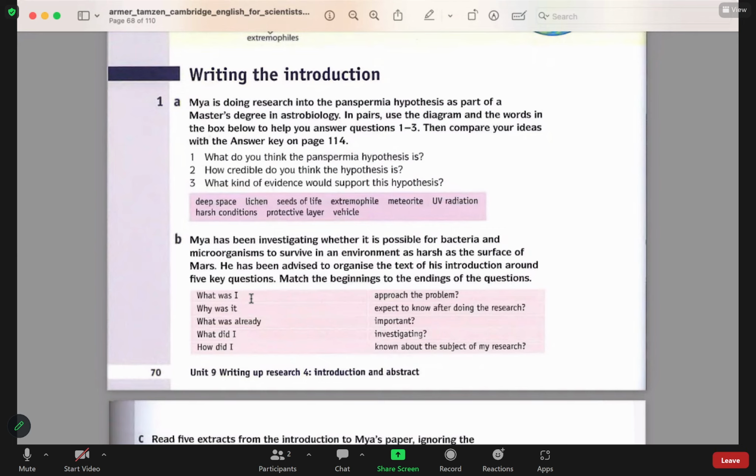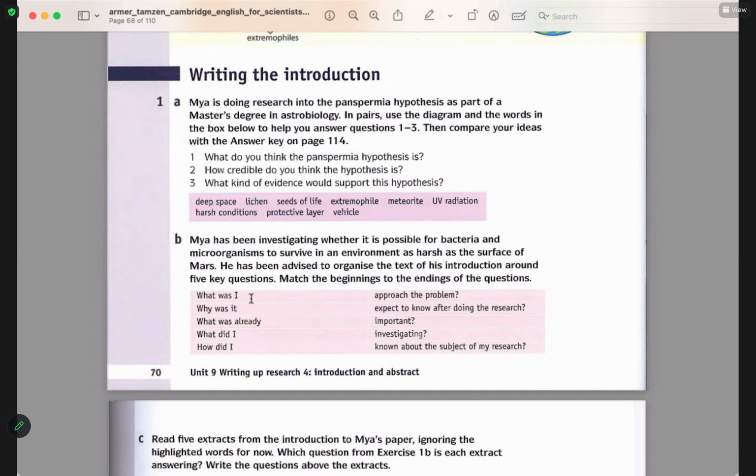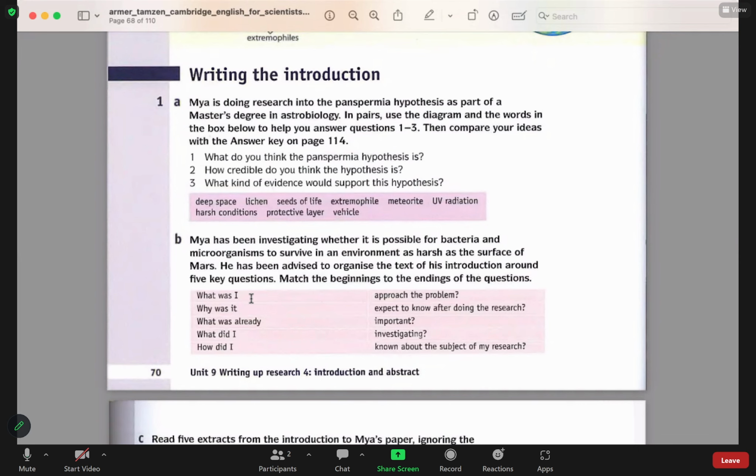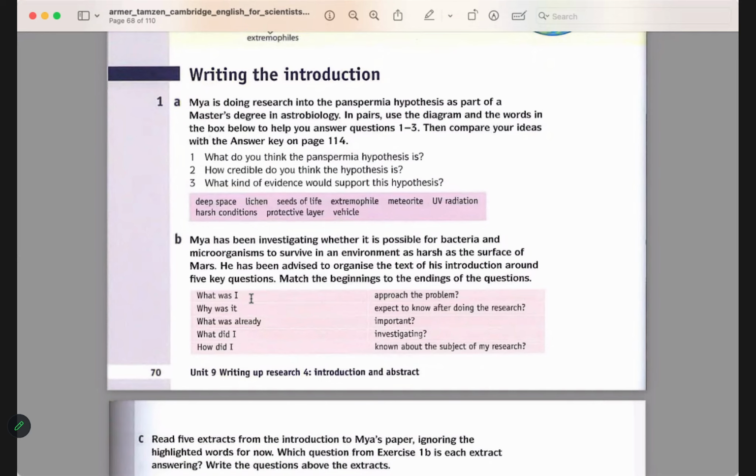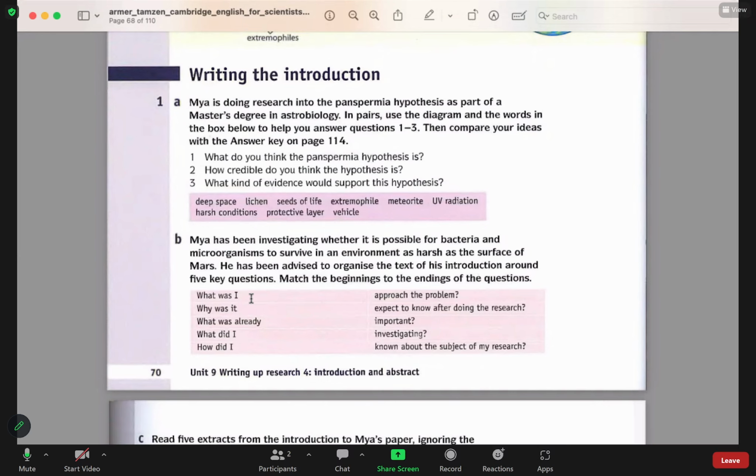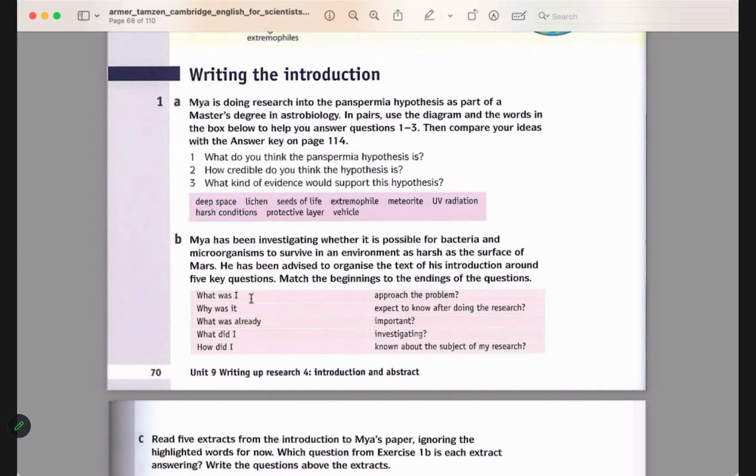Why was it important? What was already known about the subject of my research? What did I expect to know after doing the research? And how did I approach the problem? Yes, right. So these are the questions we have to answer in our introductory part.